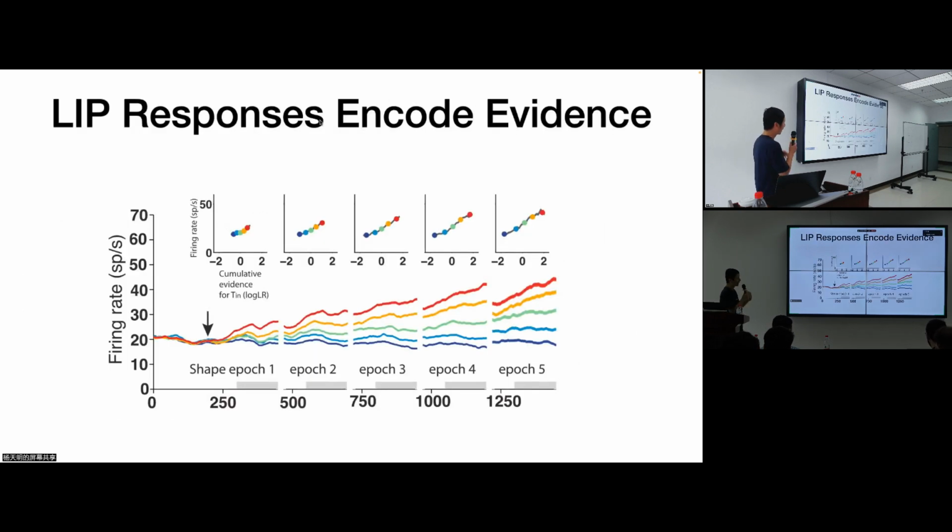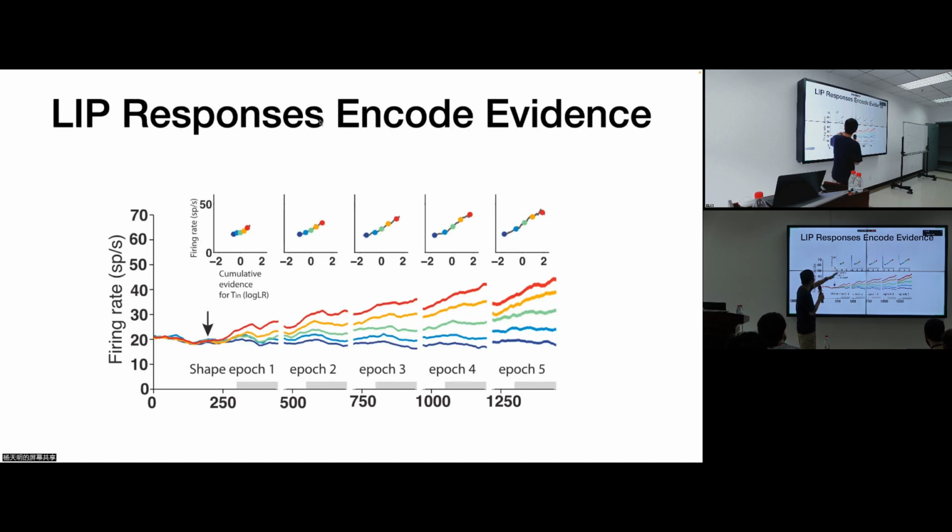Okay, so again, when we examine the LIP neurons, we see this pattern. The responses diverge as more and more shapes appear. Positive evidence leads to an increase of the neuron response, and negative evidence leads to a decrease of responses across time. So here we show 5 epochs.